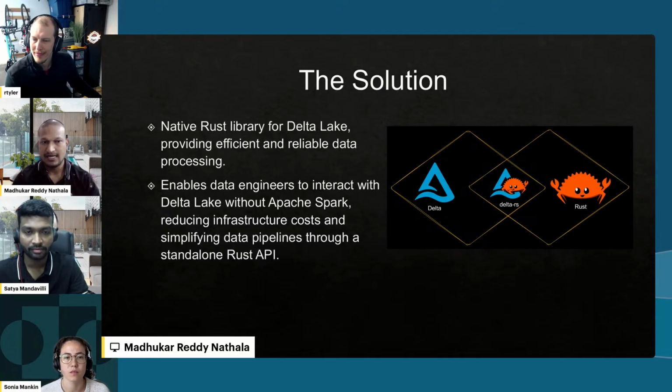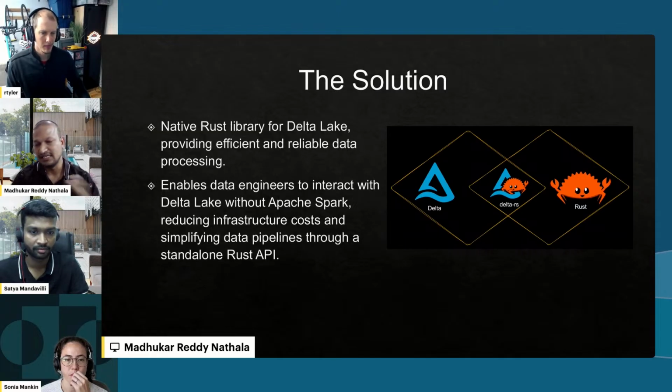But coming to Delta RS, as we all know, it's a native Rust library designed for Delta Lake, which allows us to efficiently interact with our data storage without the overhead of traditional frameworks. And another significant advantage we have seen when implementing this solution is that there is no headache of maintaining the JVM or other resources like that, right?